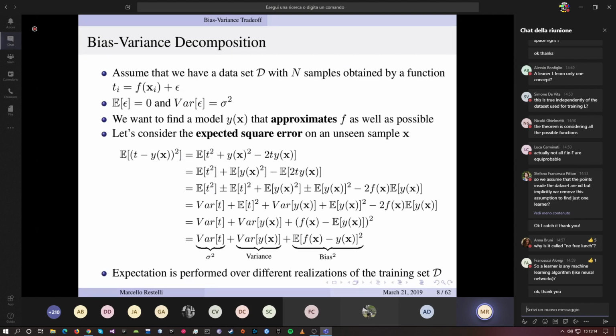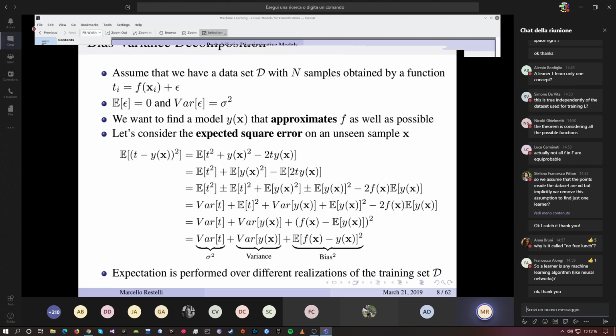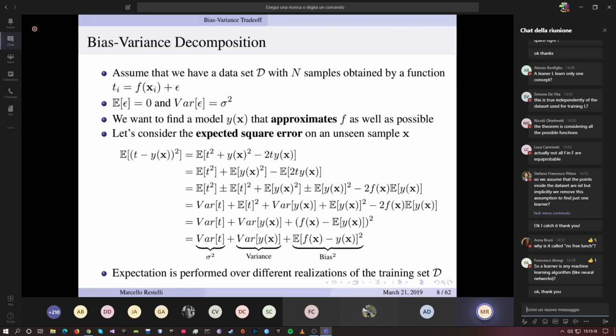On the other hand, when you are trying to reduce the bias, usually you introduce variance. So you have not to focus only on one of these two terms. It's not reasonable to try to minimize the variance or the bias alone, because your error will be the sum of the two. And so you have to try to minimize the sum, not the single terms.